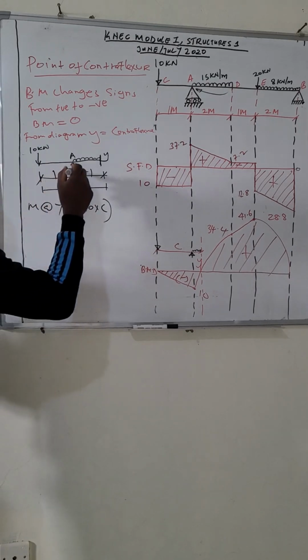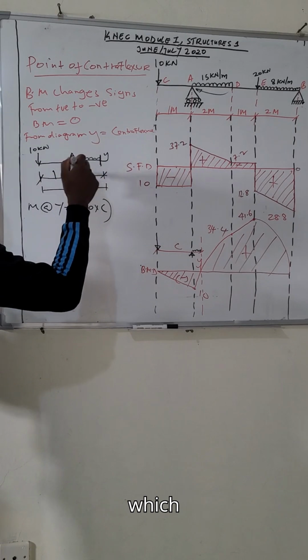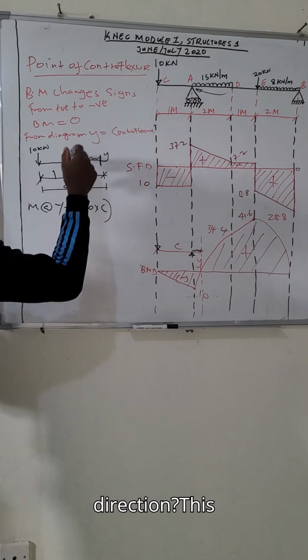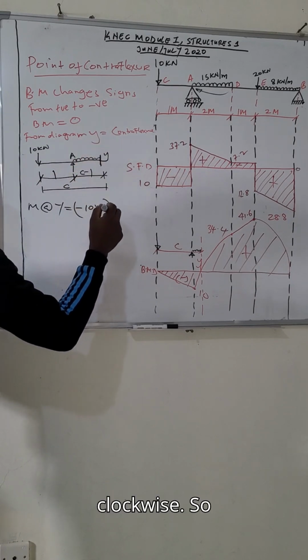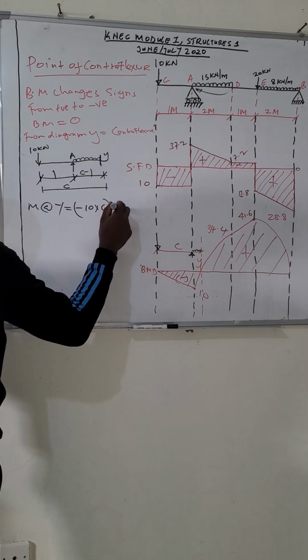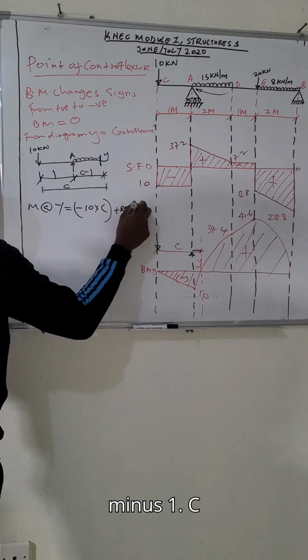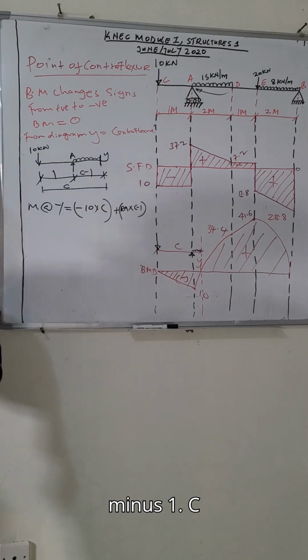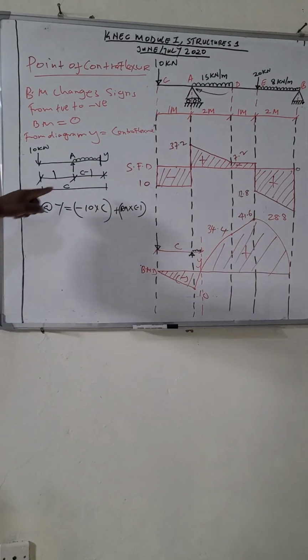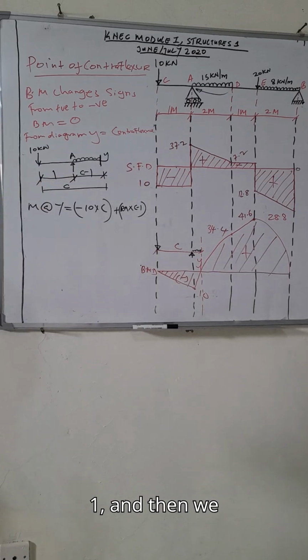We have reaction A in clockwise direction, so plus RA times C minus 1, because the distance from here is C minus 1.